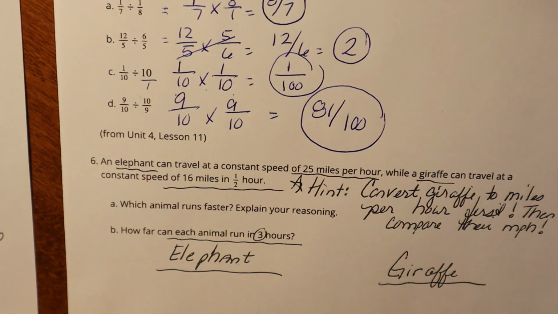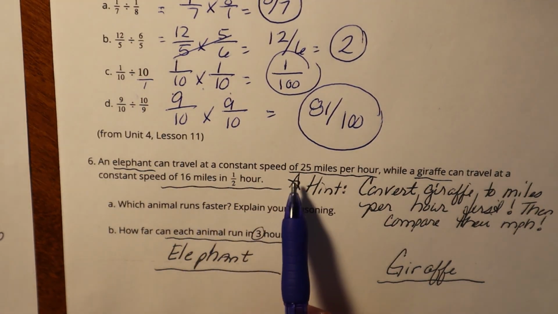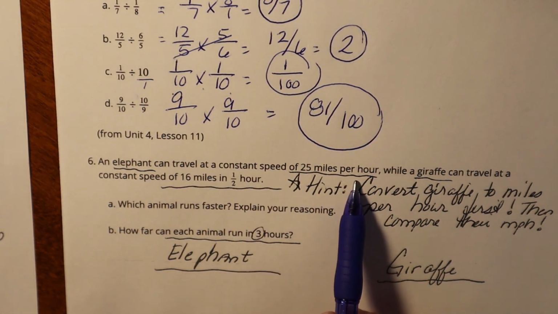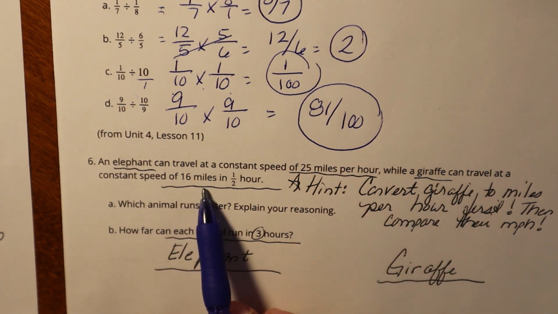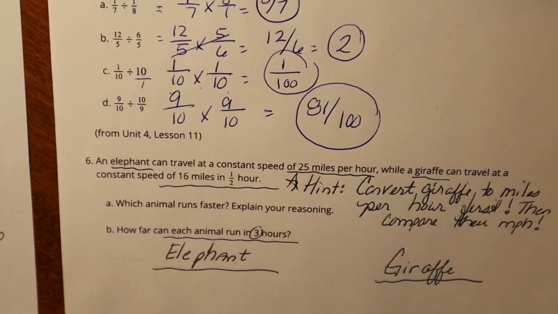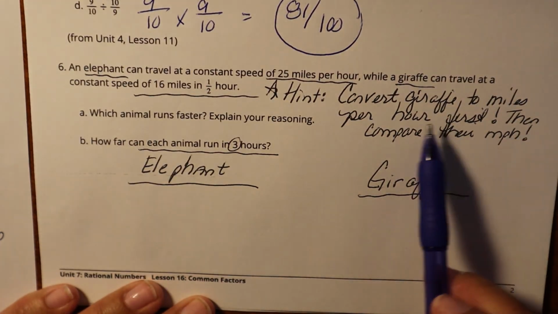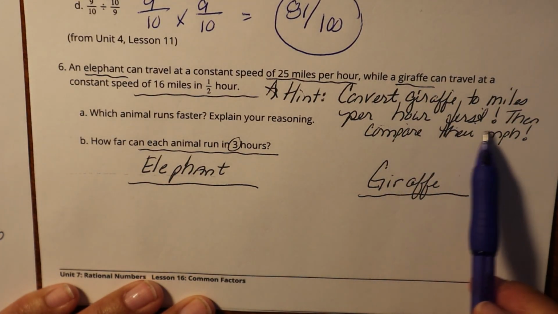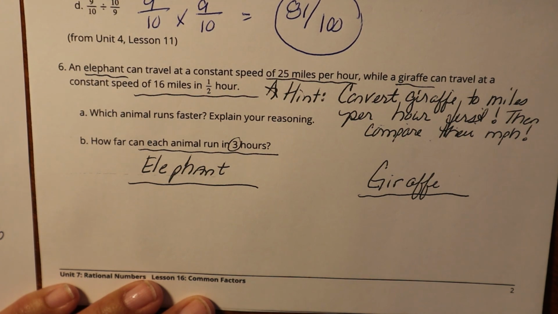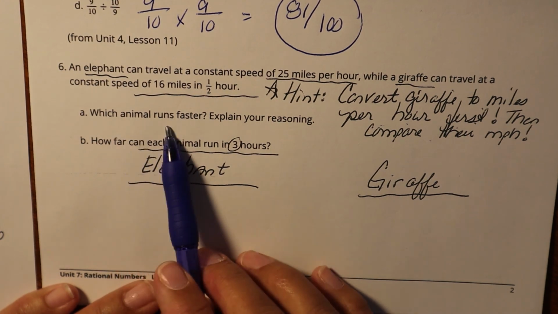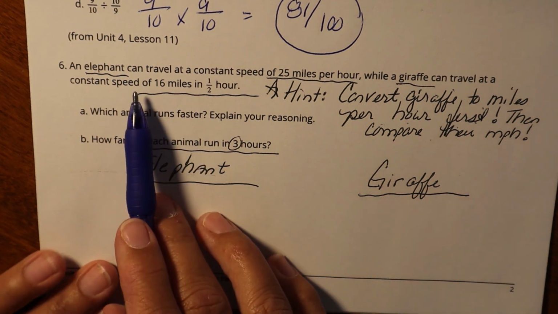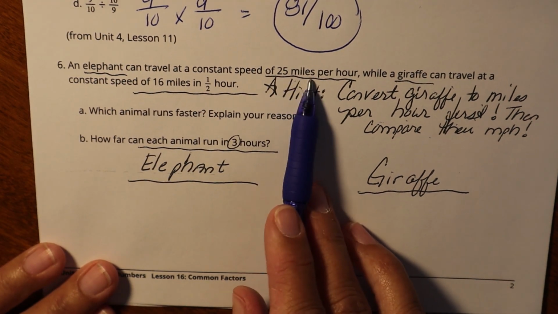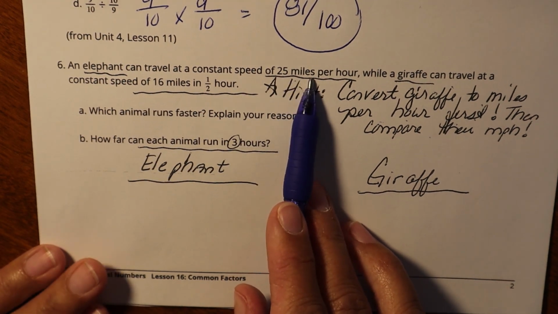Last but not least, an elephant can travel at a constant speed of 25 miles per hour. That's the elephant. A giraffe can travel at a constant speed of 16 miles per half hour. Hint, convert the giraffe to miles per hour first, then compare their miles per hour. It's asking you which animal can run faster. Well, the elephant, we already know, is at 25 miles per hour.